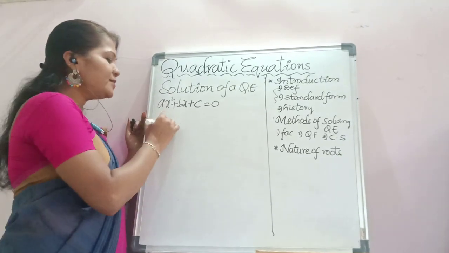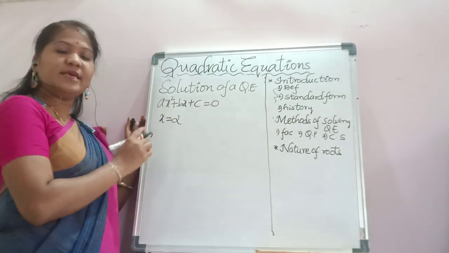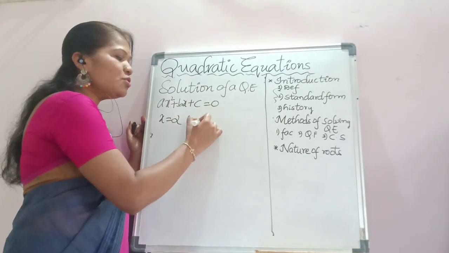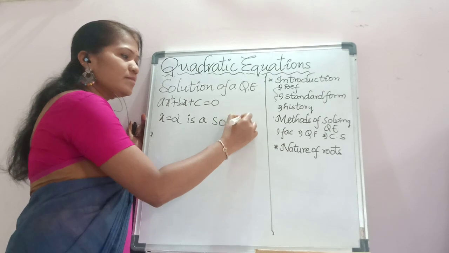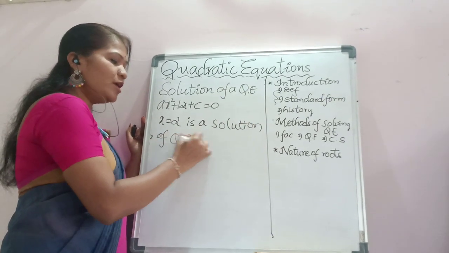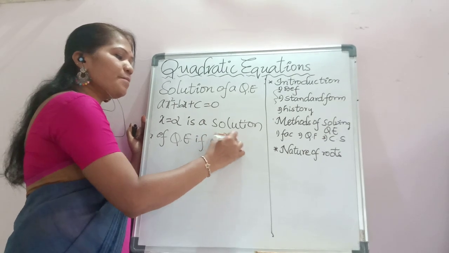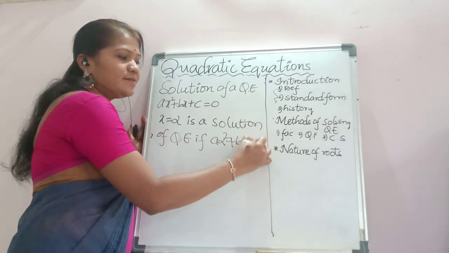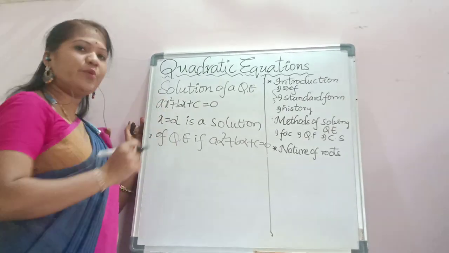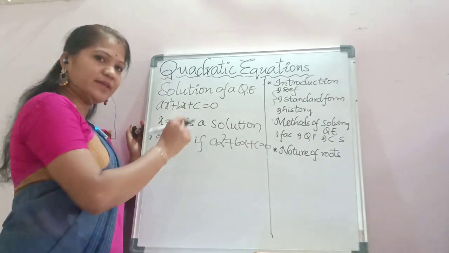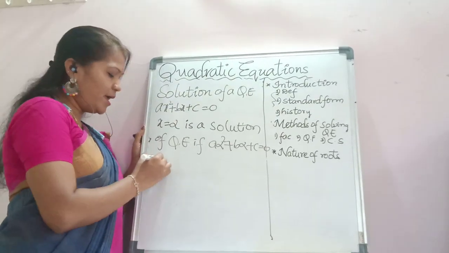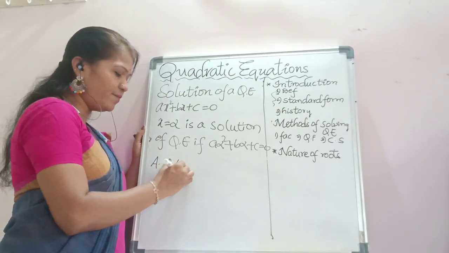Suppose x equals alpha is said to be a solution of a quadratic equation if a alpha square plus b alpha plus c equals 0. It means that when you put x equals alpha in the equation wherever x is there, it should satisfy the equation.